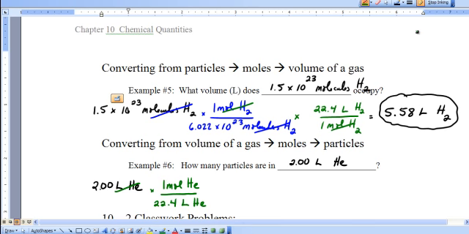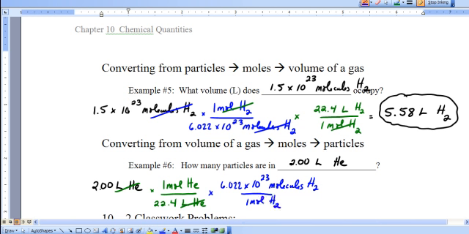The liters of helium will divide out top and bottom, and now we got to go to particles. Going from moles to particles is going to be using Avogadro's number, so 6.022 times 10 to the 23rd molecules of hydrogen for every 1 mole of hydrogen.